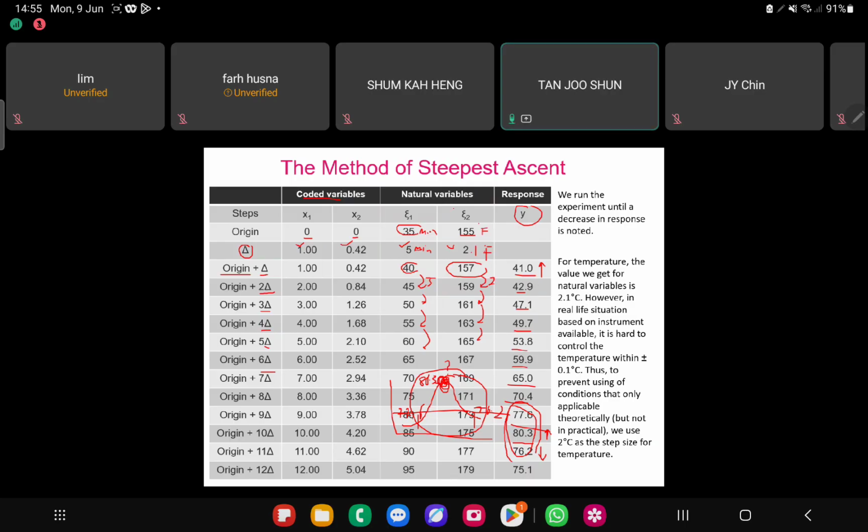So after the method of steepest ascent, you already get the curvature, so surely the optimum point is inside this range. Okay, because I know that surely within 77 to 78, because the highest is 80.